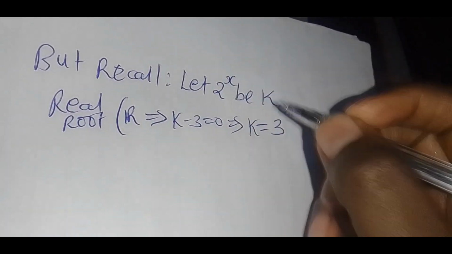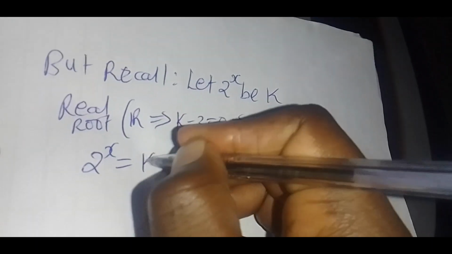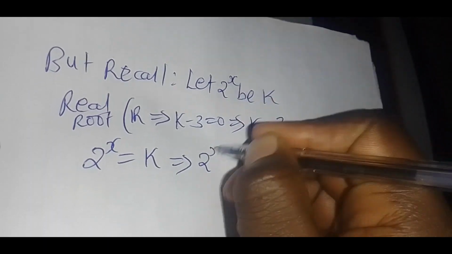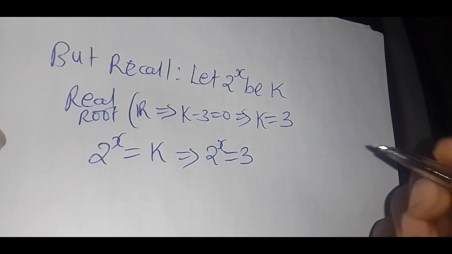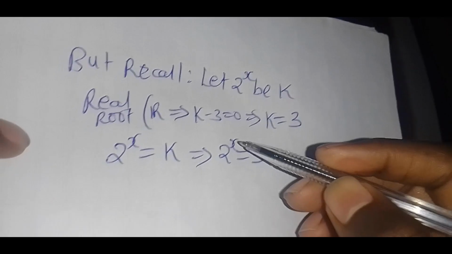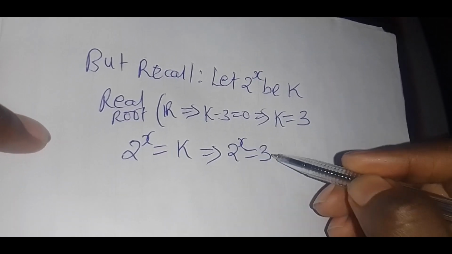And remember, 2 raised to power x is equal to k, so that means 2 raised to power x is equal to 3. Okay, so the next phase is to calculate the value of x in 2 raised to power x is equal to 3.